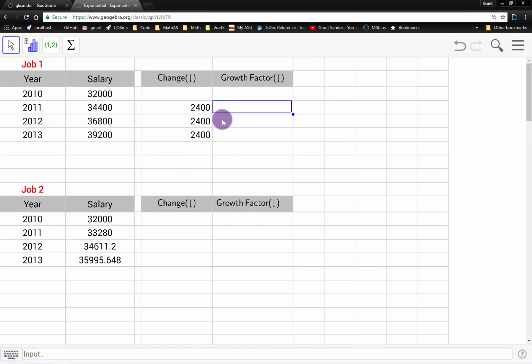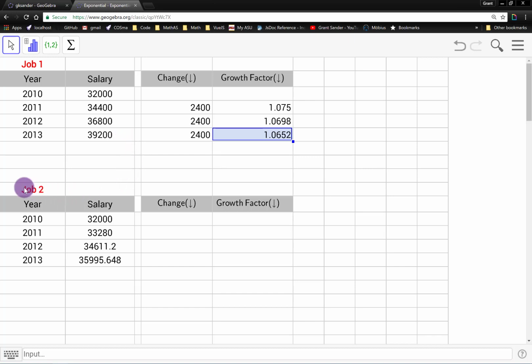So again, let's let the computer do some of this work for us. We'll do this value divided by our initial salary. We see that for each consecutive year, this growth factor is actually decreasing. It becomes smaller each year, which makes sense because each year that passes, the salary changes by the same amount, but the starting salary is larger and larger.